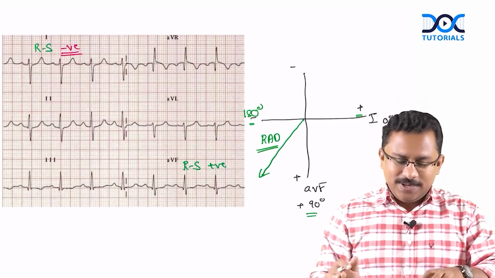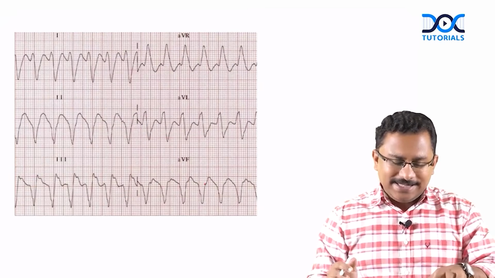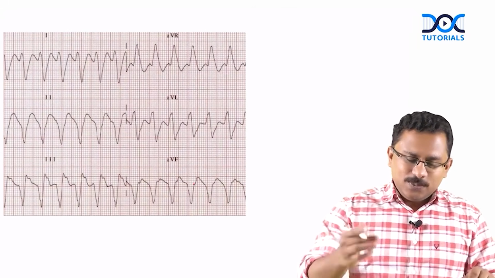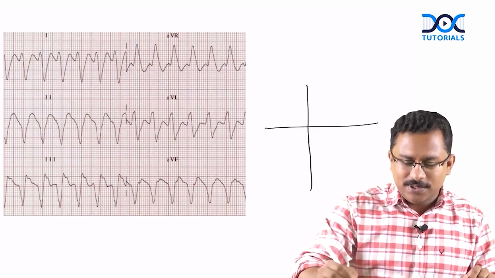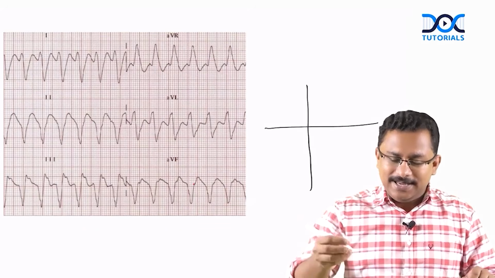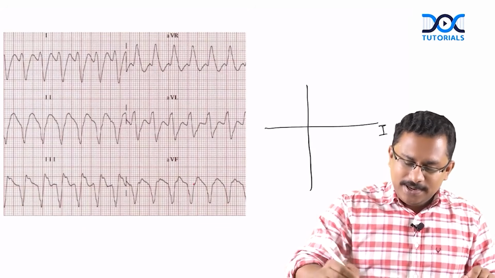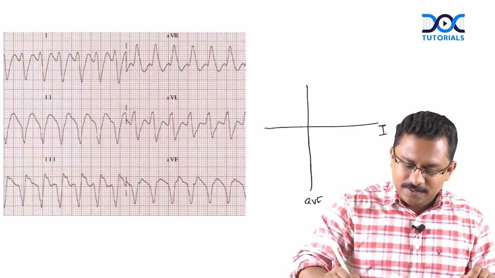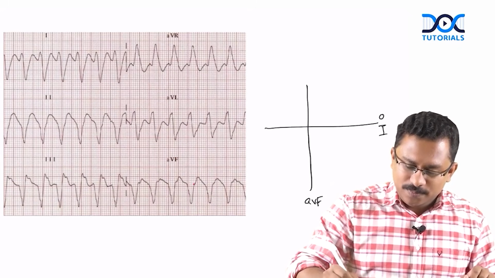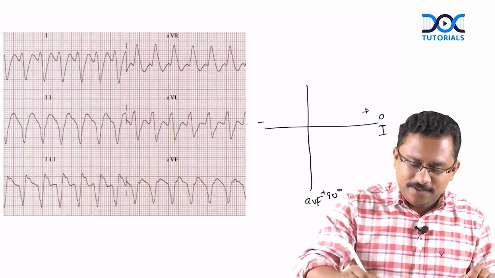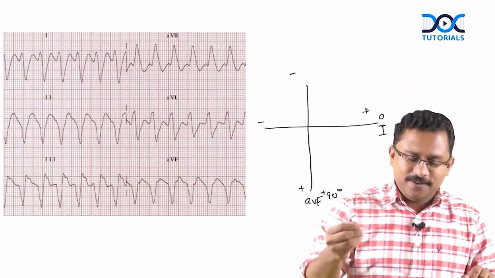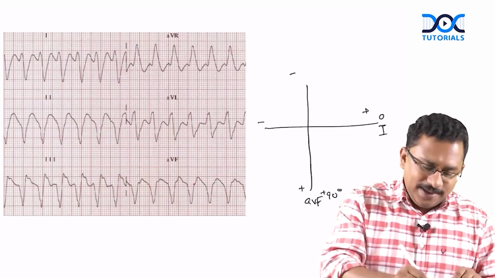That's also clear. Now coming to the next example. This one is also an interesting one. Let's plot this. This is actually an ECG of a ventricular tachycardia. Lead 1, AVF, 0, 90 degree, plus 90 degree, positive, negative, positive, negative. Now look at lead 1 here.